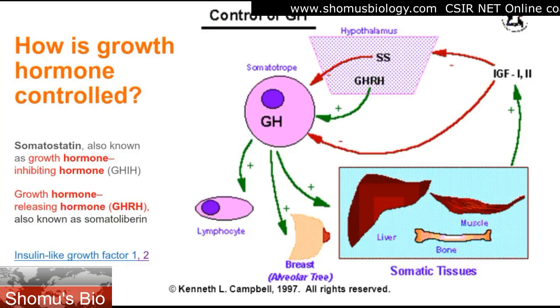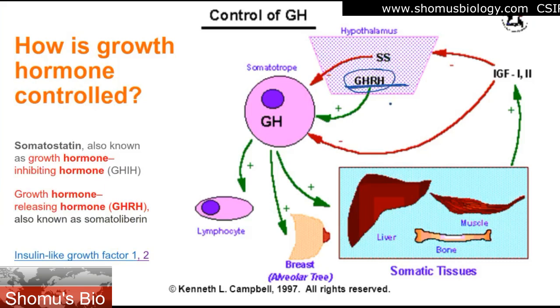This is the hypothalamus, and the hypothalamus cells are neurosecretory cells, because they get excited due to the nerve impulse which is generated in the first place. Once the nerve impulse is generated, the hypothalamus releases a hormone known as growth hormone releasing hormone, GHRH.